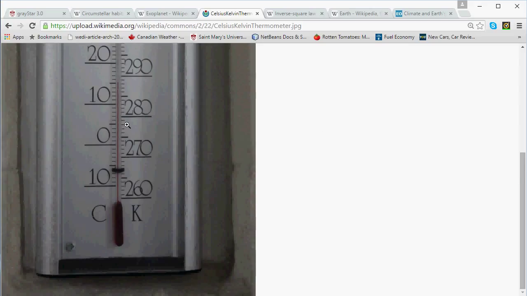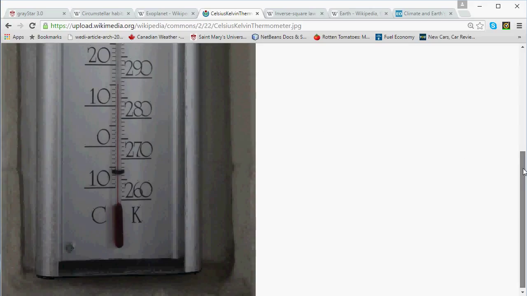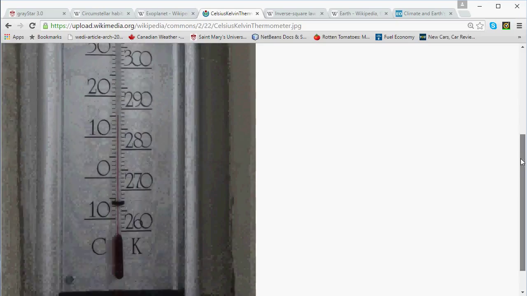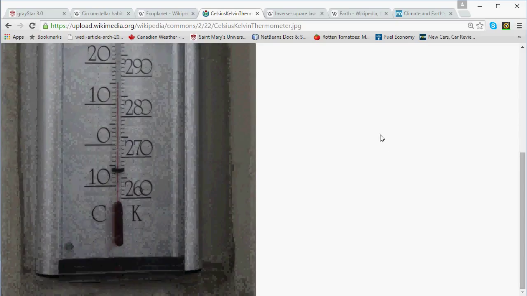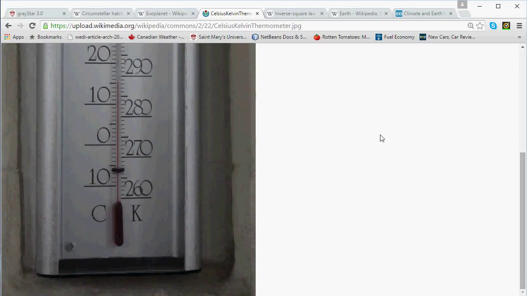And if we're interested in the temperature where water boils, that's not included in this picture, but that's 100 degrees Celsius, so we just add 273. So the boiling temperature is 373 Kelvin. So, to put our conditions for life to occur on the surface of a planet on the Kelvin or absolute temperature scale, what we need is for the surface temperature of that planet to be between 273 and 373 Kelvin.